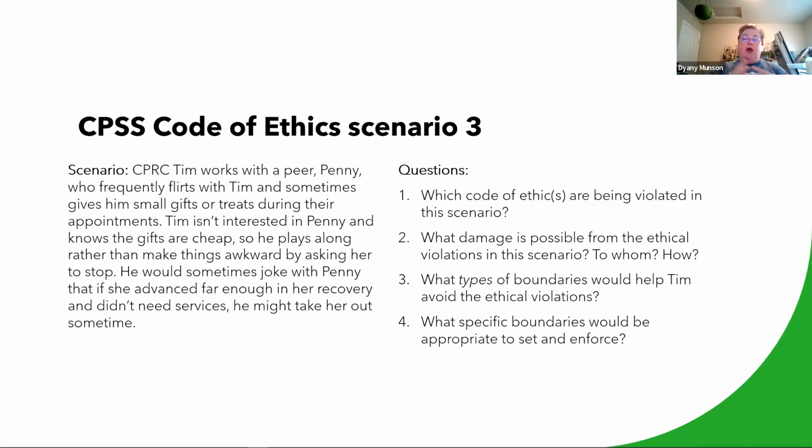So what damage is possible from the ethical violations in this scenario? I think we did a really good job of going over all these different things that were there.